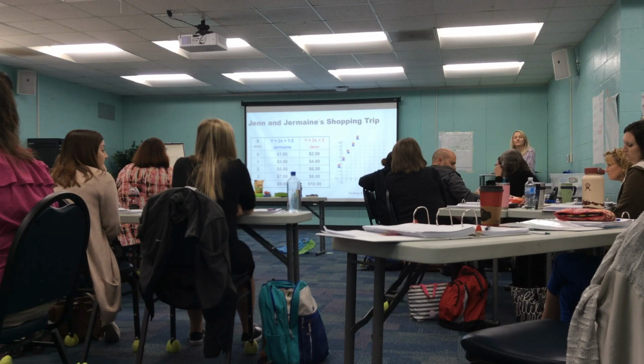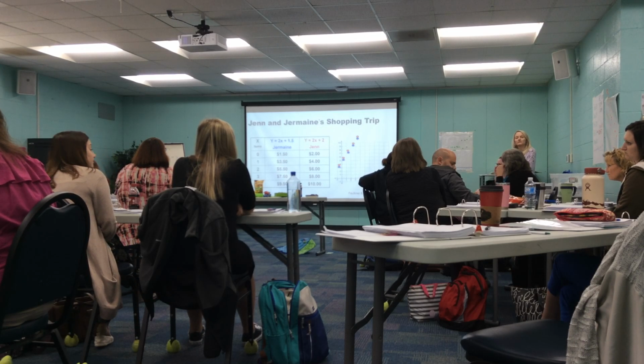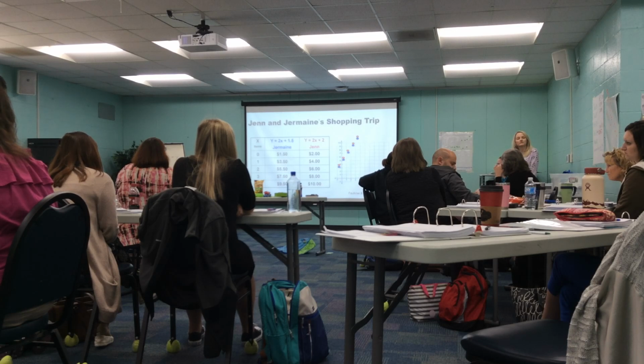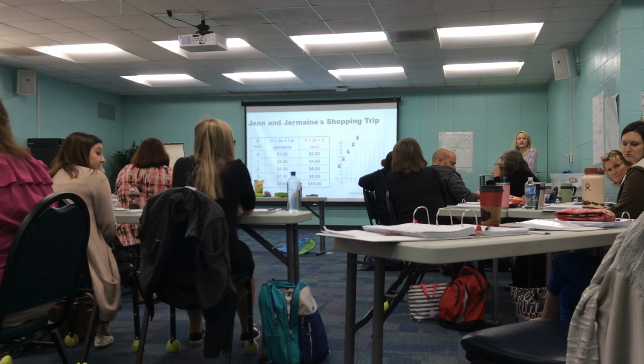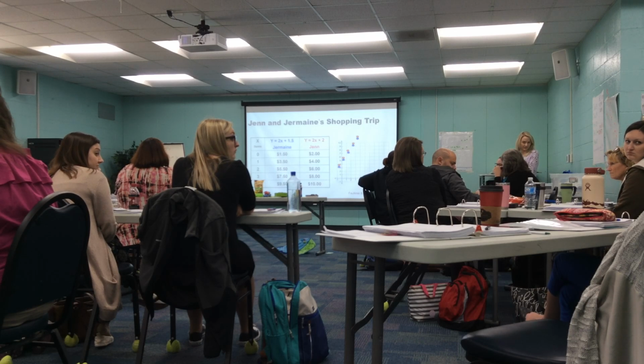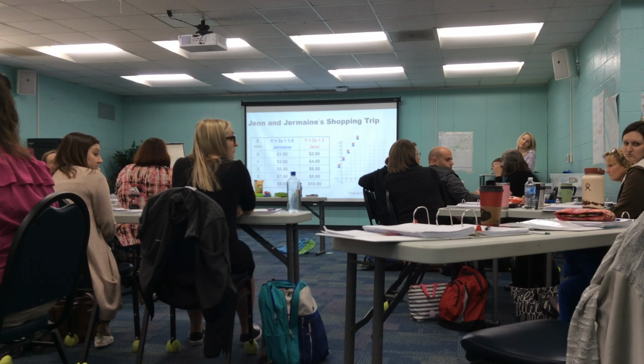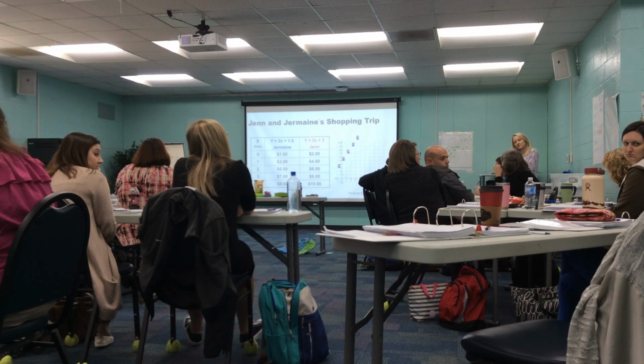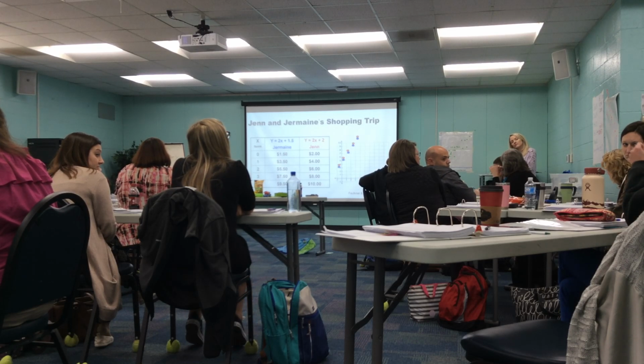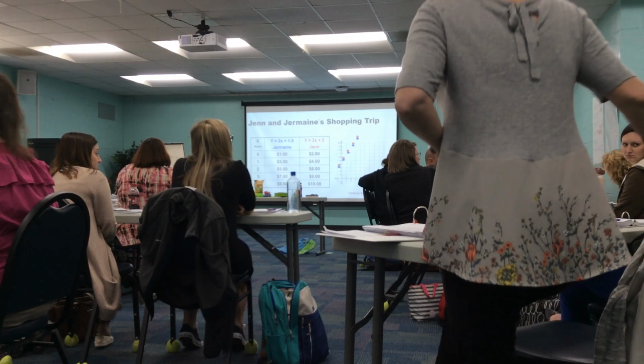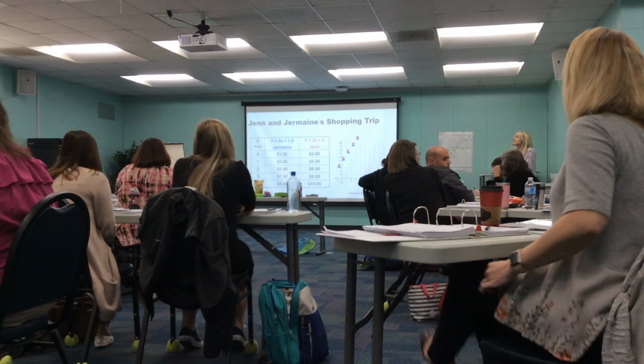They still won't cross, they'll just stop. Even if Jermaine buys 15 items and Jen buys 12 items, they won't ever cross, they just stop, because their slope is the same.